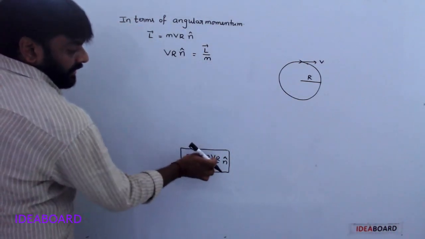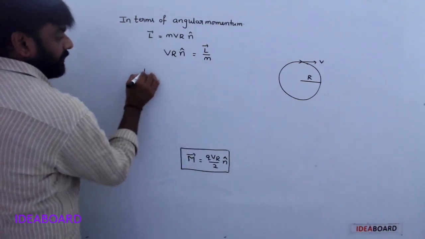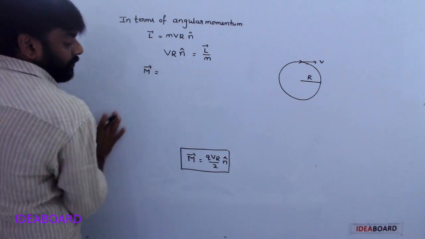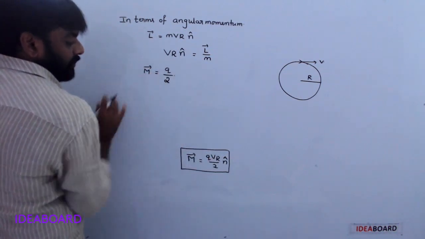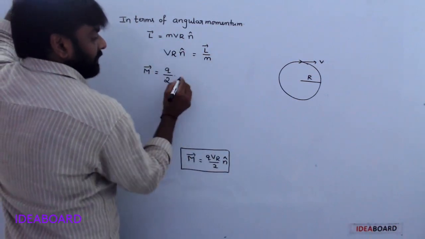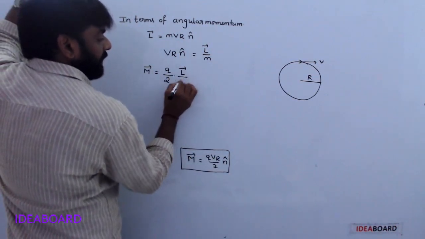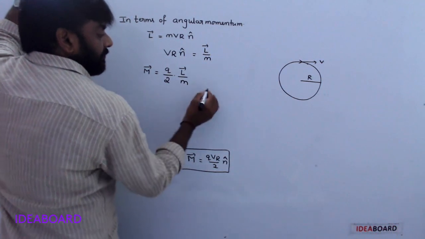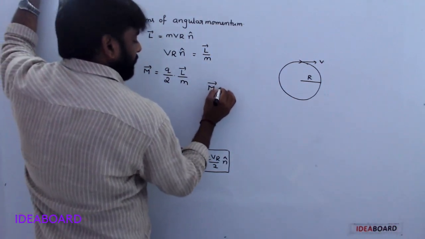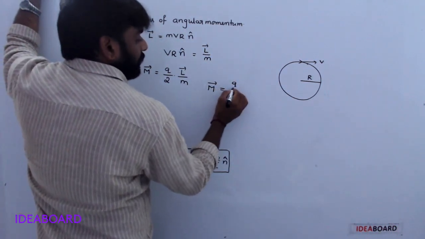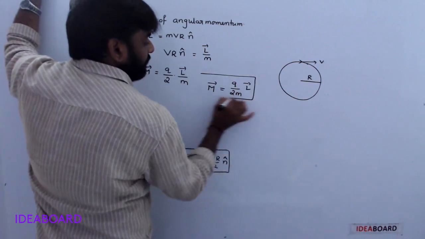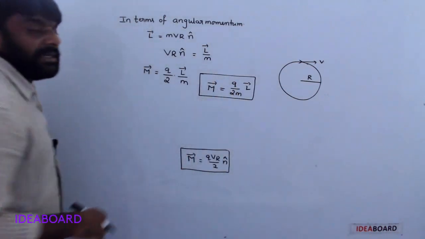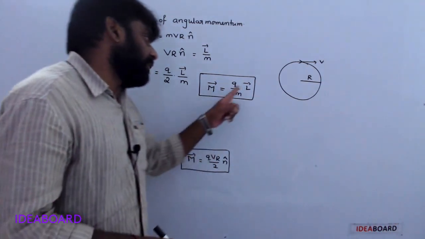Substituting in this one, m bar is equal to q by 2 as usual, and v r n cap is nothing but L bar by m. That means m bar is equal to q by 2m into L bar.